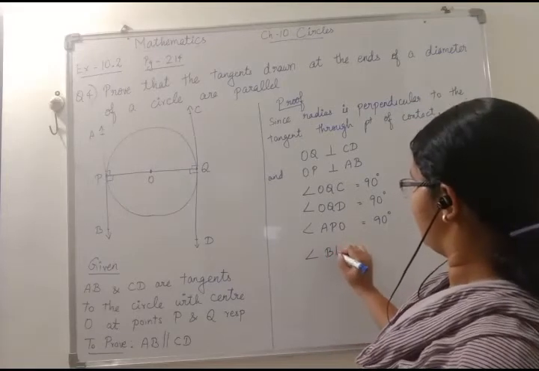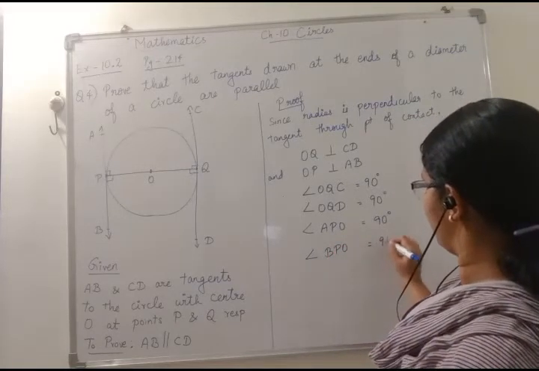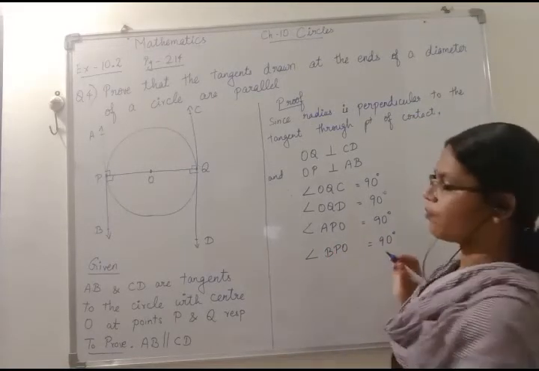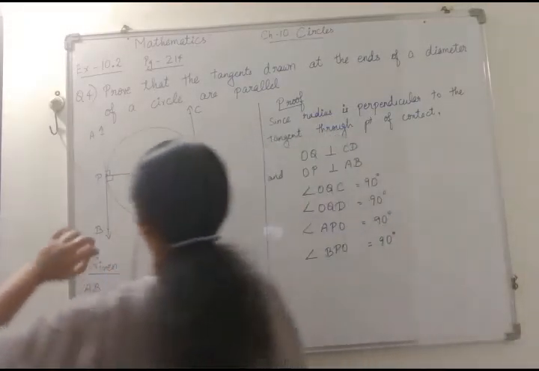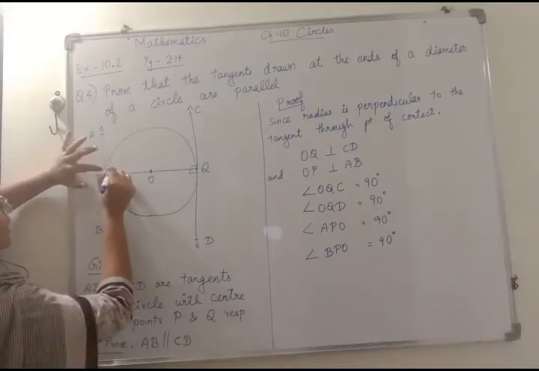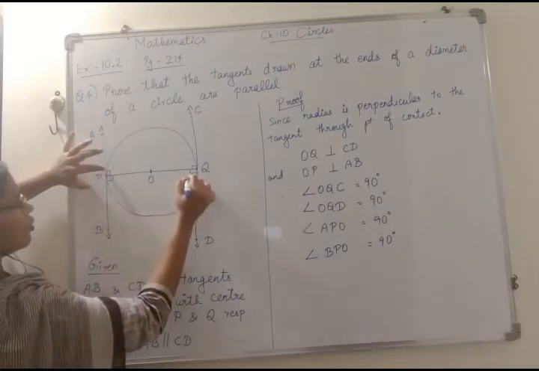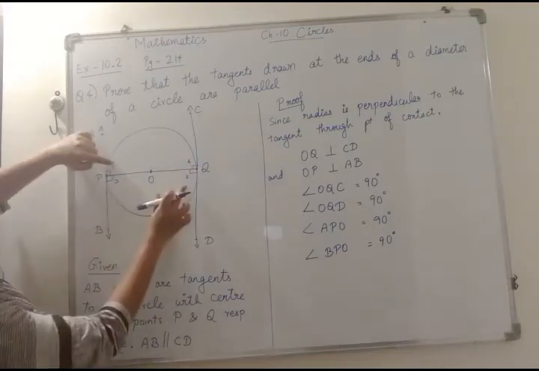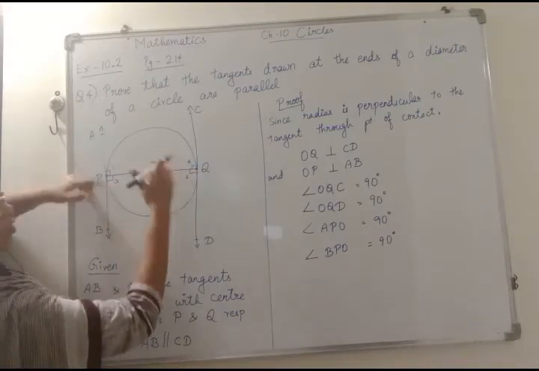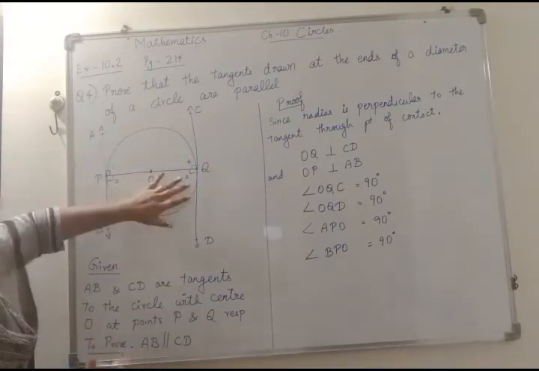Angle BPO is also 90 degrees. Now, I am just writing numbers for your reference. Let's take these to be 1, 2, 3, 4. 1 is equal to 2 and 3 is equal to 4. All are 90 degrees, so we can consider it that way.